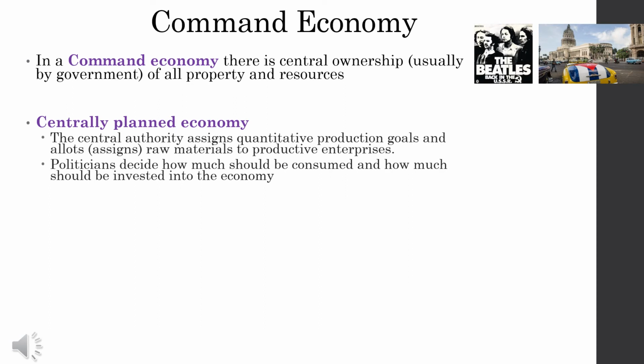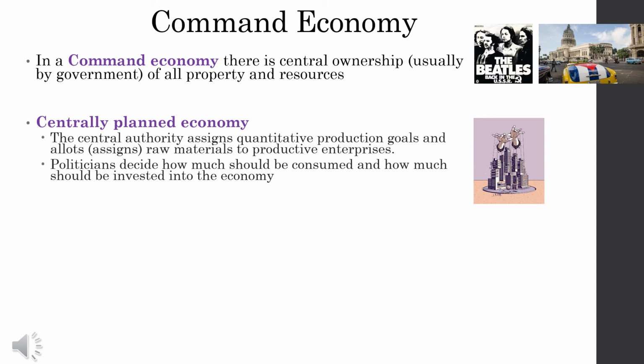Politicians decide how much should be consumed and how much should be invested into the economy. So it looks like this. The politicians are controlling the economy at the very top, and everything underneath it works the way the politicians want. This is much different than a free market economy where the politicians, the government, have very minimal impact on how the economy works.